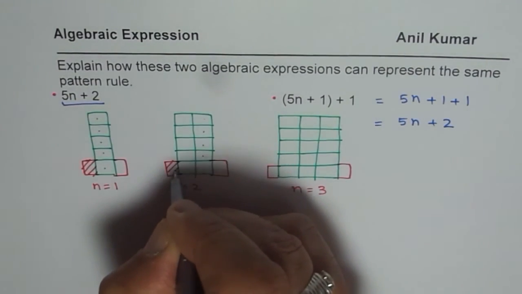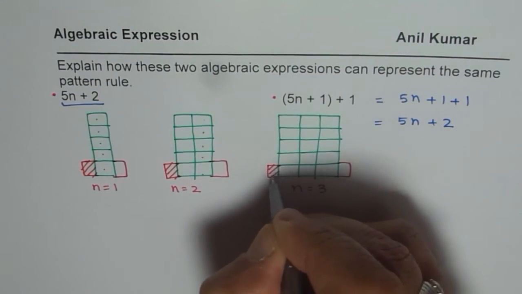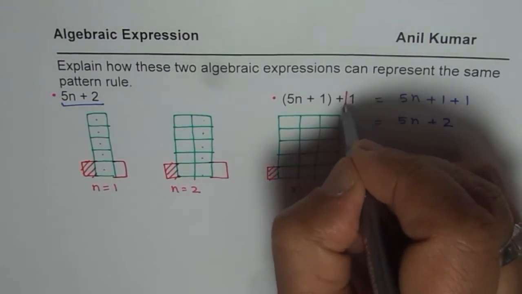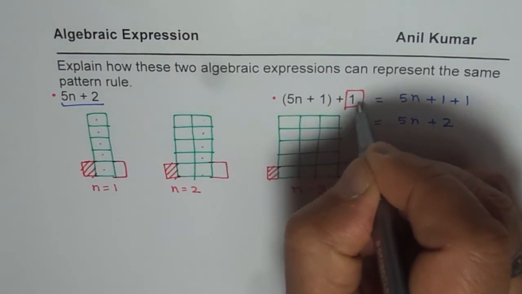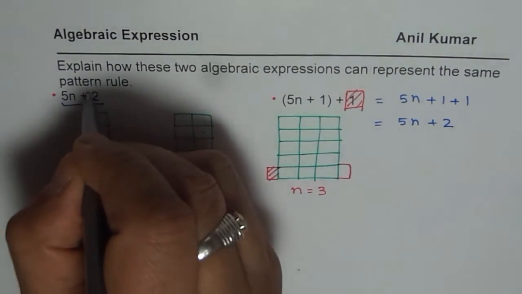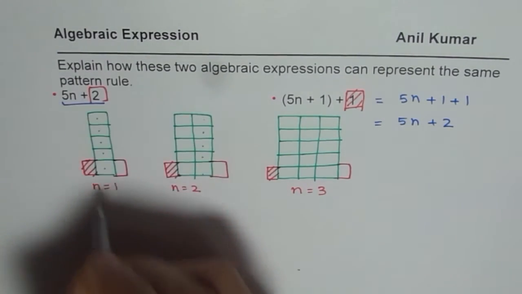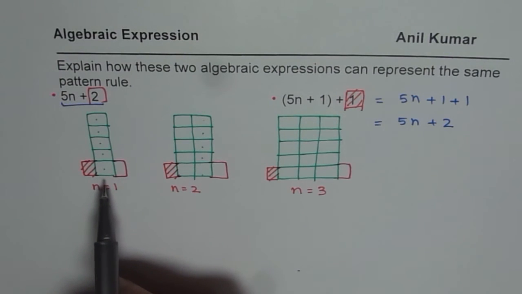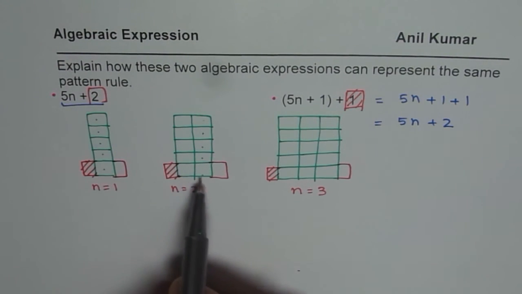So what we have here is the second part of the equation. Now this represents my 1 which is kind of fixed. Do you see that? Now here it represented the square earlier, right? Now this is my 1 fixed, and what I'm changing is 5n each time.